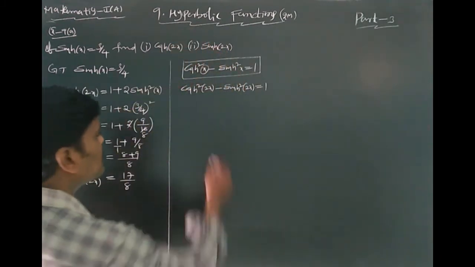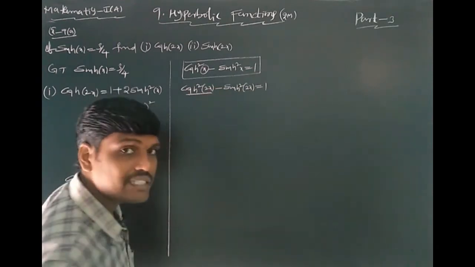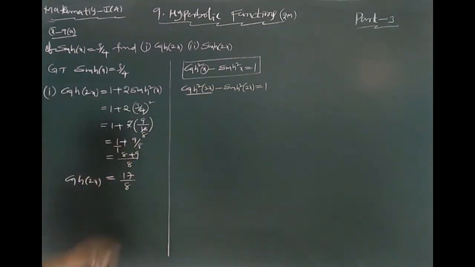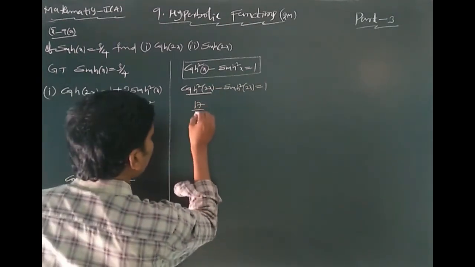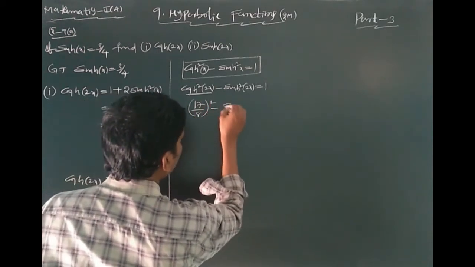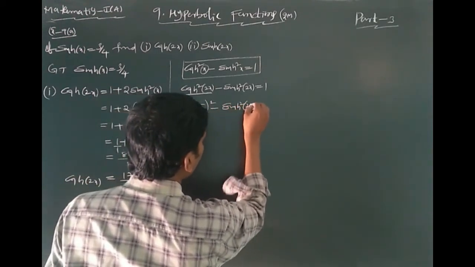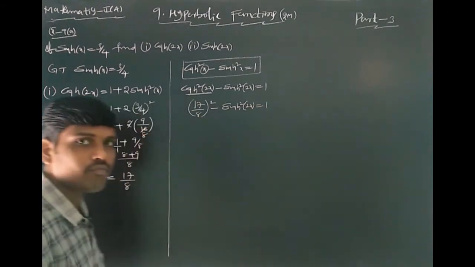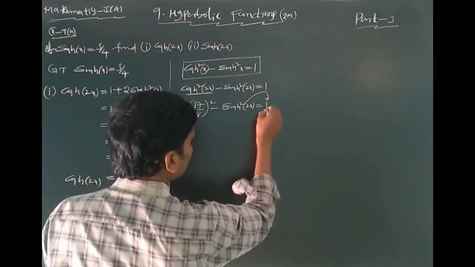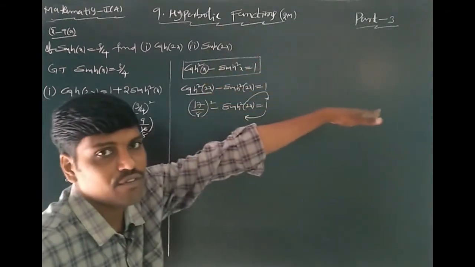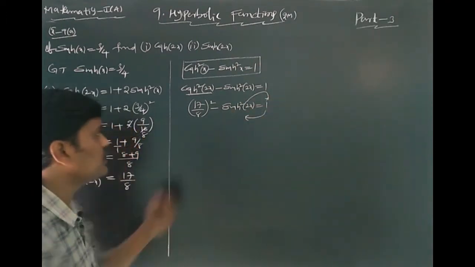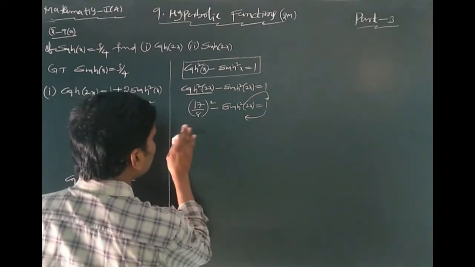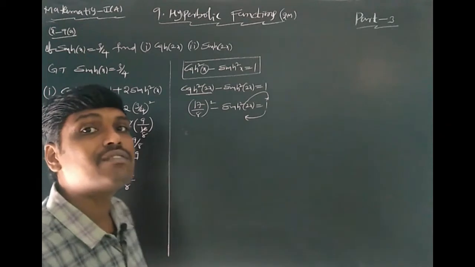What is the value of cosh 2x? 17/8. So (17/8) whole square minus sinh square of 2x equal to 1. Simplify this: minus sinh square of 2x goes to that side, and 1 goes to the other side. 17 square is 289.